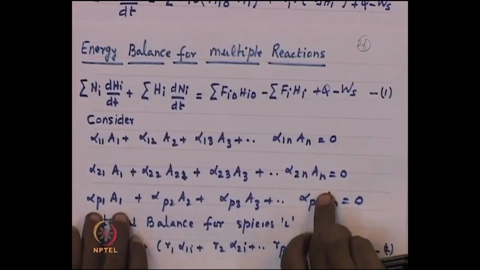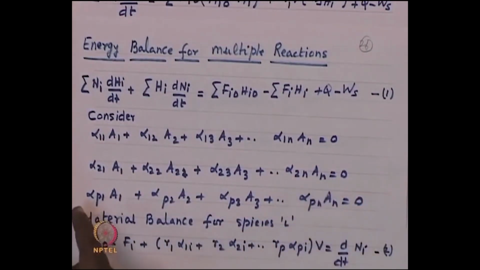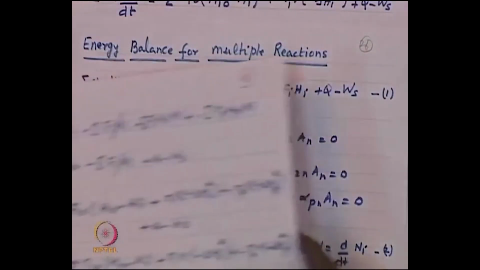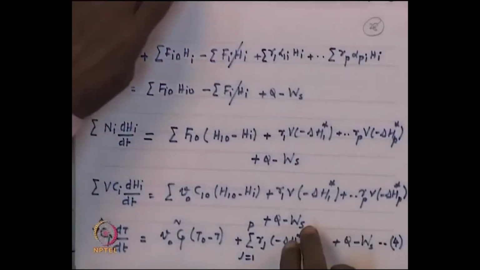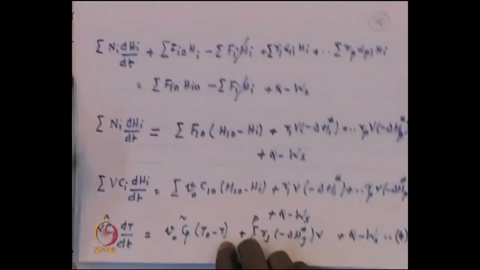Once you do that, we can generate this term. When you do that, it simplifies nicely. We need not go through this, but the whole thing simplifies like this: this term for a multiple reaction, when I substitute, looks like this.